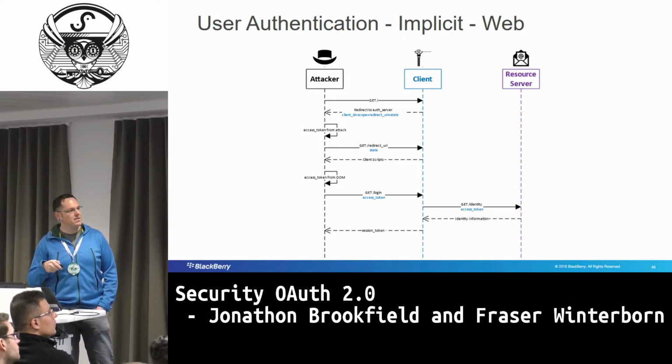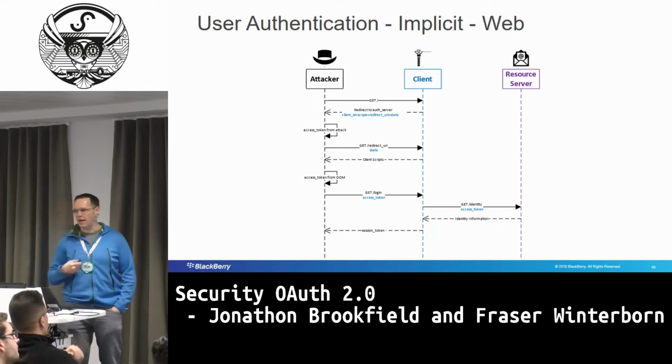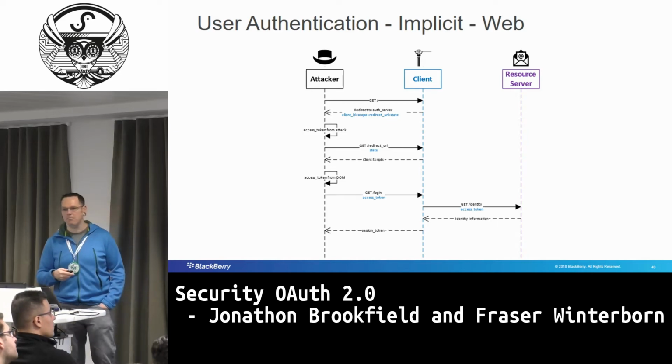But when it gets to the access token, they just swap out the one they got from the original user. The client trusts the access token and asks, who are you? That access token has been bound to the original user, not the attacker, so you get the user information back for that user. The client says, okay, I know who you are, you're the user, and the attacker is logged in as the user.